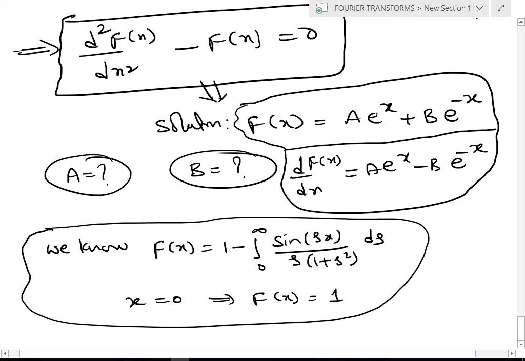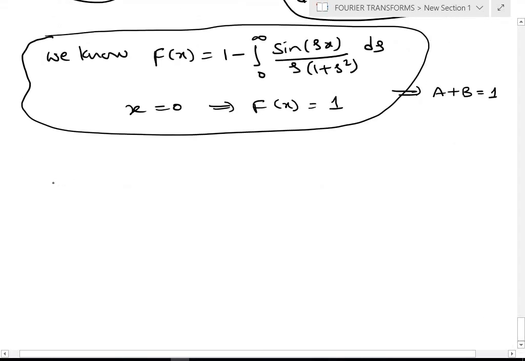When I apply x equal to 0 here, e^0 is 1, so from here I'll get a plus b equal to 1. Then what is df/dx?